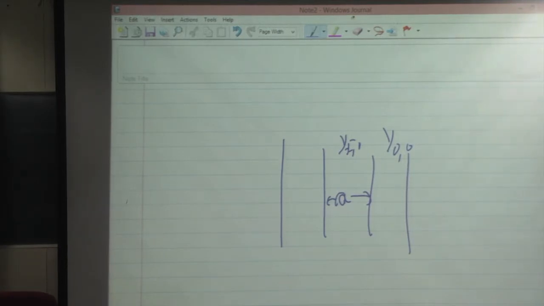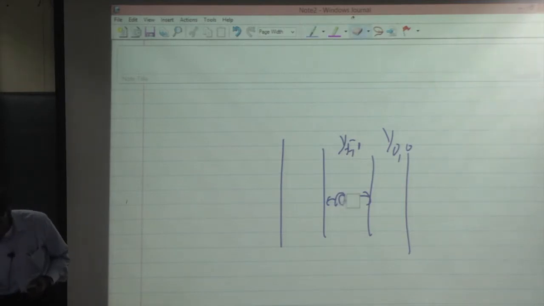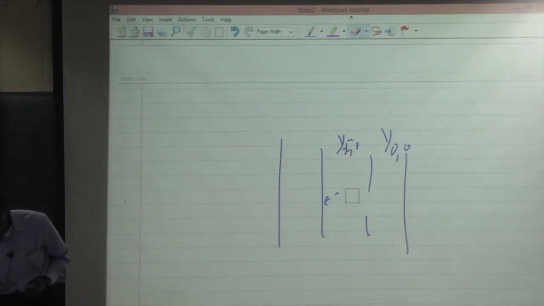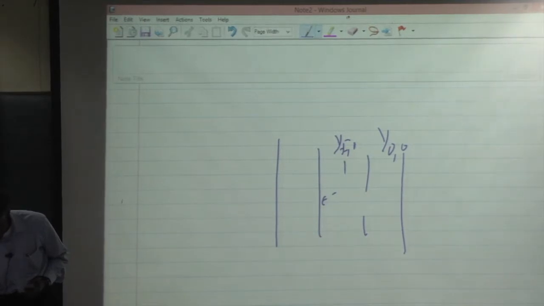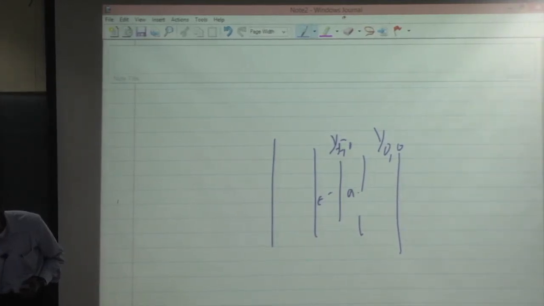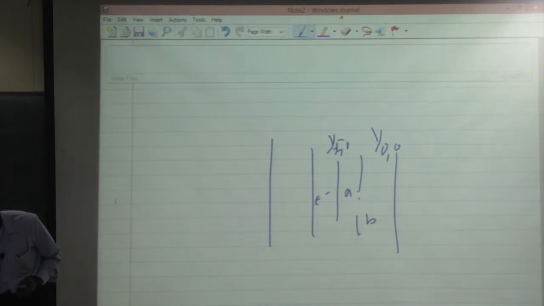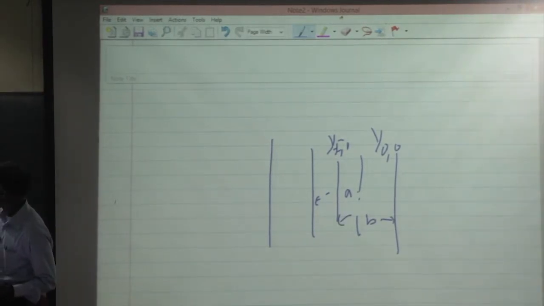Oh, I'm sorry, A was the radius, not the diameter, right? So A is the radius.